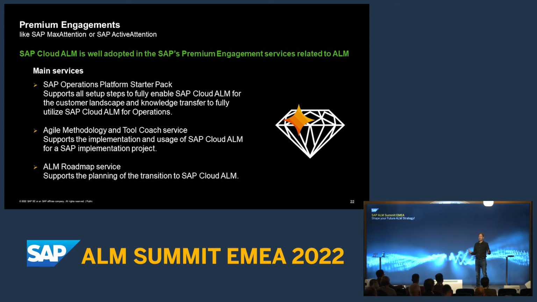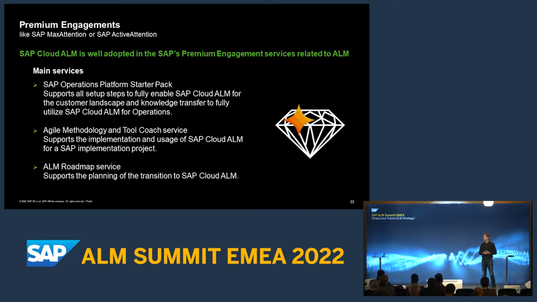We have ALM embedded in a lot of PE services. And the good news is that nearly all of those services have also adopted Cloud ALM in their service offering. So the service offering is available if a customer uses SAP Solution Manager, but also if a customer is using Cloud ALM as an ALM tool.